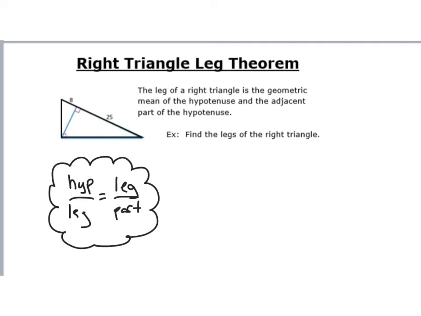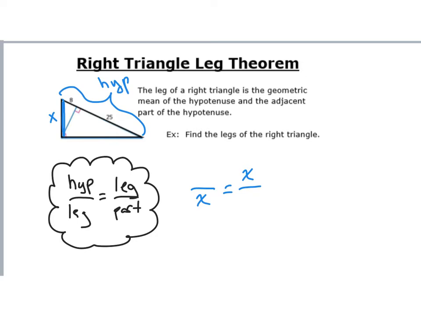If I look at this picture that I've got, I can see that here is my hypotenuse. Let's say I want to find this leg on this side, my vertical leg, my shorter vertical leg. If I want to find this one, the leg is the geometric mean of the hypotenuse.